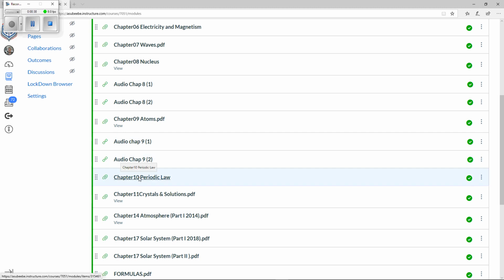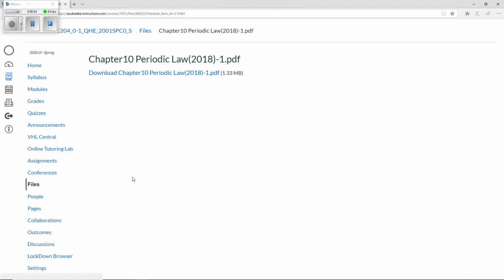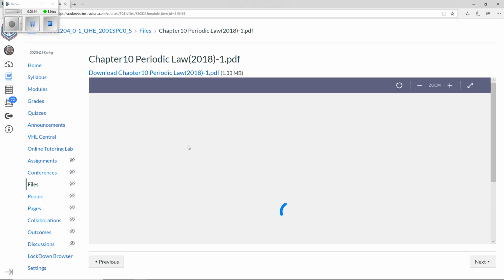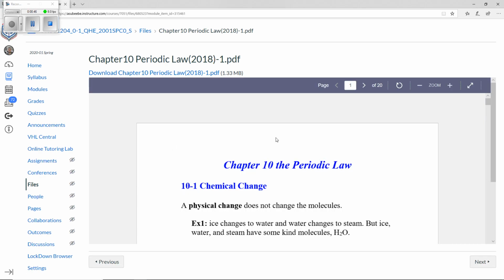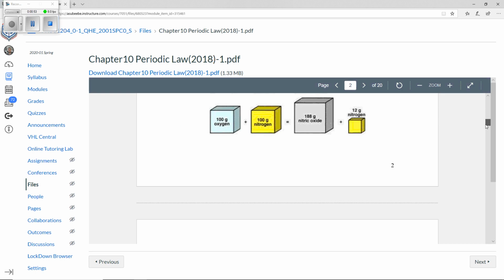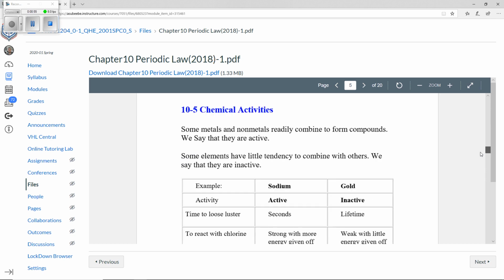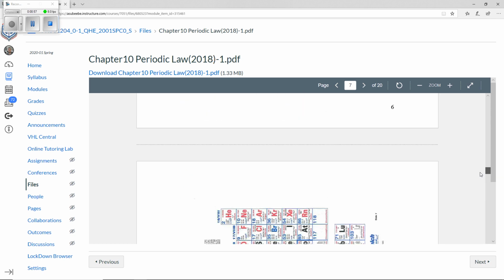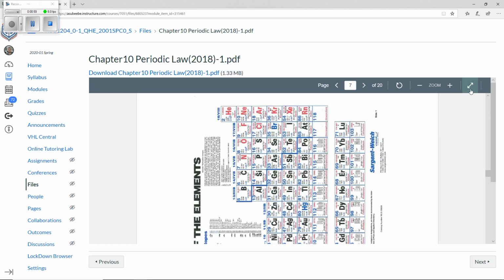So now for chapter 10, we're going to study chemistry. The first thing, if you go to the module and open the regular one, you should make a copy of the periodic table. Go down to right here, make it bigger.